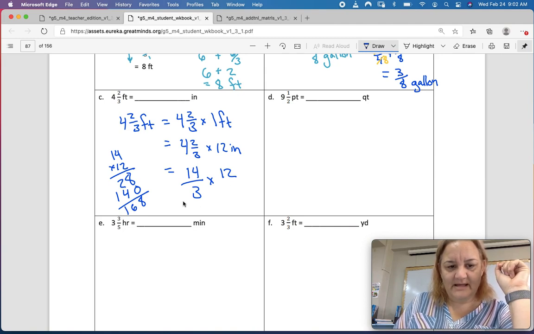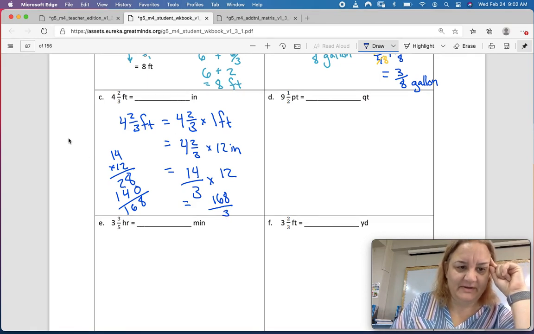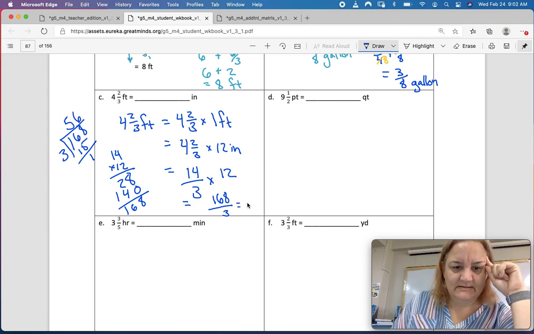Now we've got 168 over 3, and 168 divided by 3 is 5, 5 is 15, 18 is 56. 56 inches.